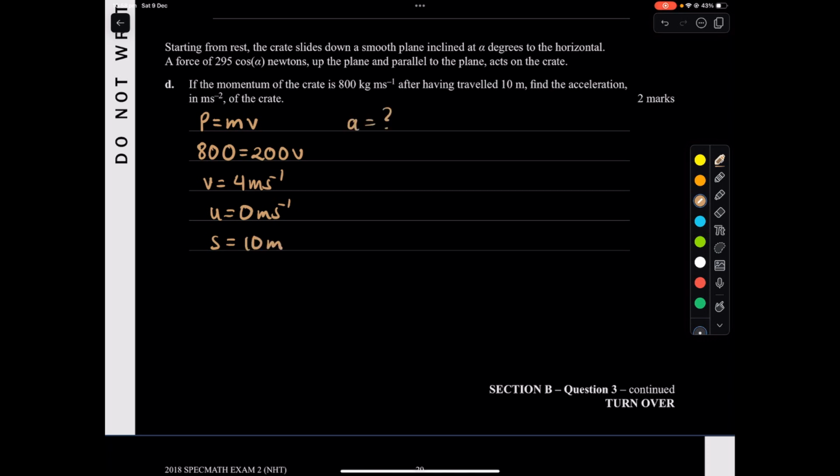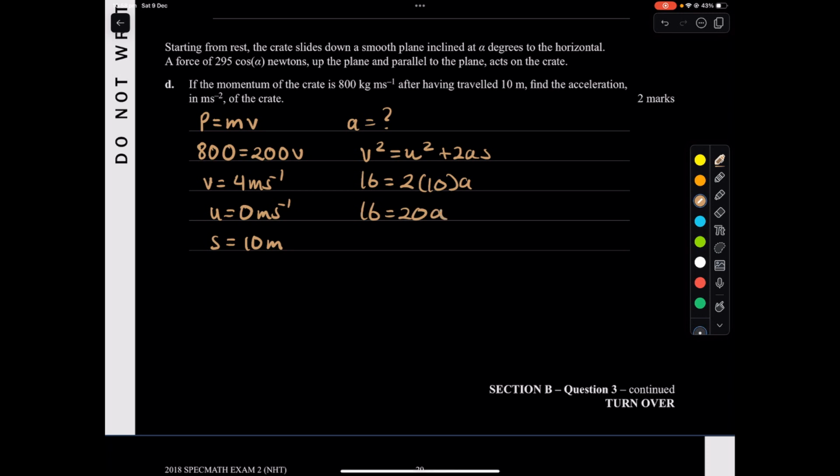Remember, just using your SUVAT formula. For this one, we have v, u, s, and a, so we use v squared equals u squared plus 2as. Your velocity 4 squared is 16, u is 0, and s is 10. So 16 equals 20a.